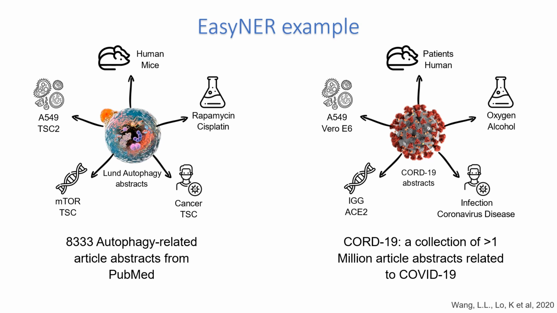For example, mTOR and TSC are commonly known genes for autophagy or autophagy associated genes. And also for COVID-19, you observe different cell lines, oxygen and alcohol, different diseases, infections, and such.